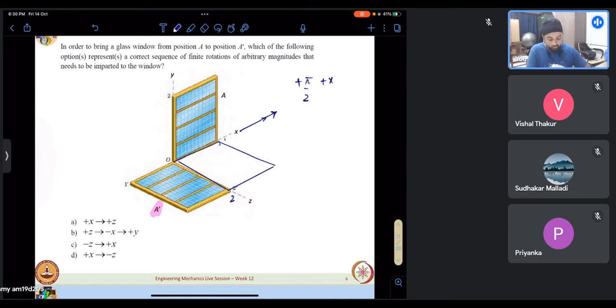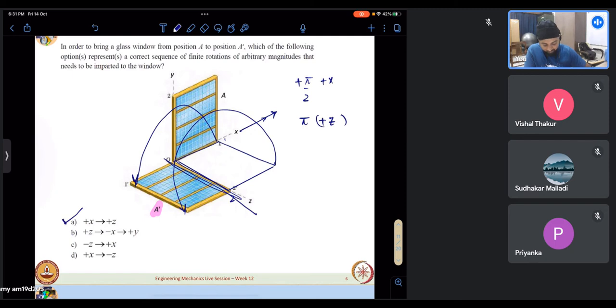Now, if I were to rotate it by pi about the positive z-axis, this will take a path like that and come here, and this will take a path like that and come there. This will be my axis of rotation. So I can achieve this configuration by rotating pi by 2 about positive x, and then pi about positive z. So my option 1 helps me reach the final configuration from A to A prime.